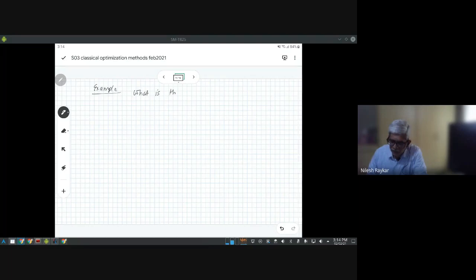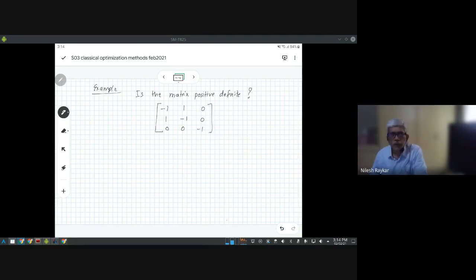Is the matrix positive definite? The matrix is -1, 1, 0, 1, -1, 0, 0, 0, -1.